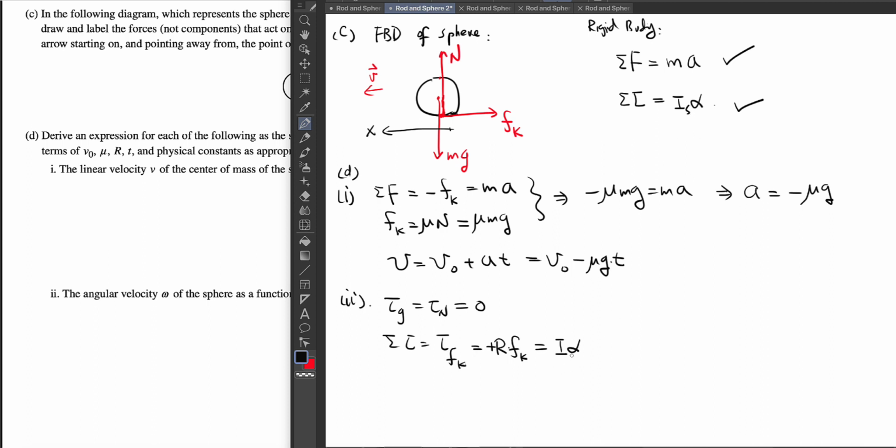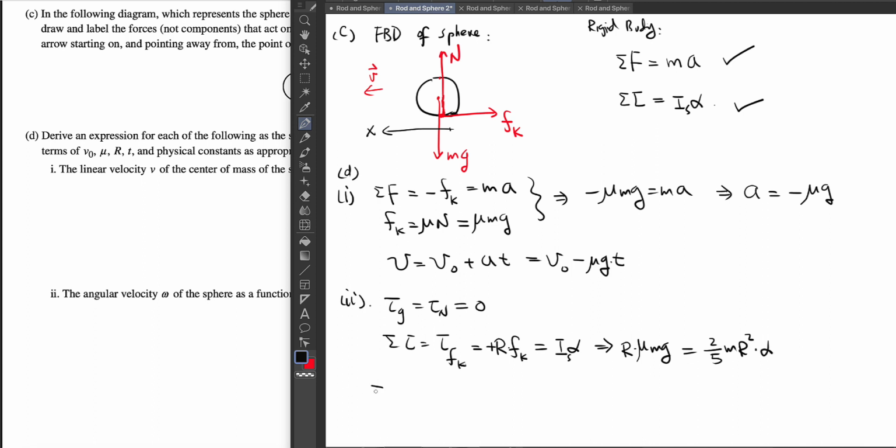For the sphere, I is two-fifths mr squared. Let's substitute in Fk, which is mu mg, and I equals 2/5 mr squared times alpha.